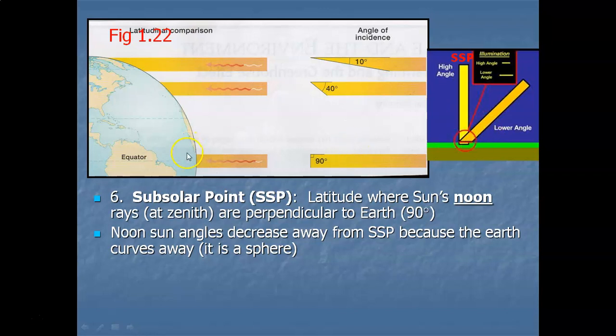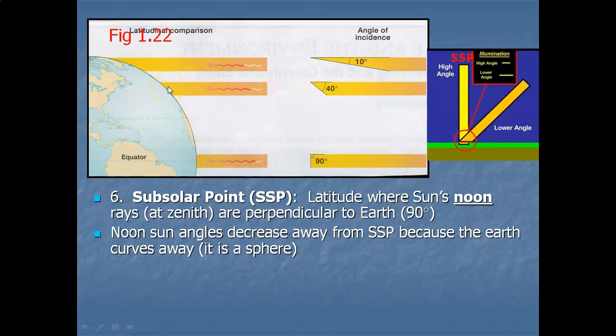All right. And so as you move away from wherever the subsolar point is located, degree by degree, the sun angle gets lower and lower until by the time you get to maybe southern Canada, whereas the sun angle was directly overhead 90 degrees at the equator, it's now kind of cut in half.